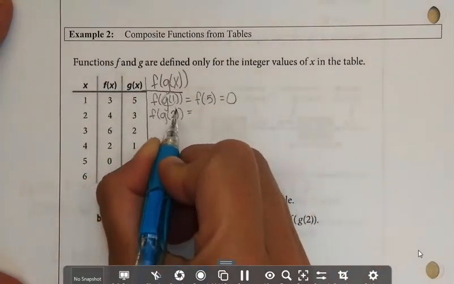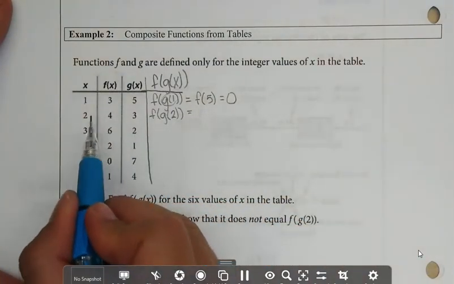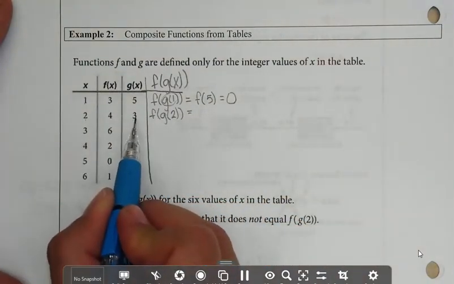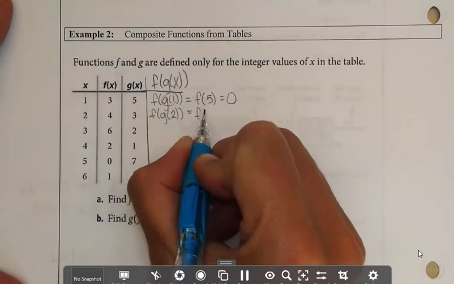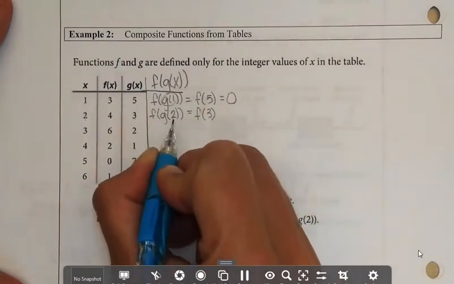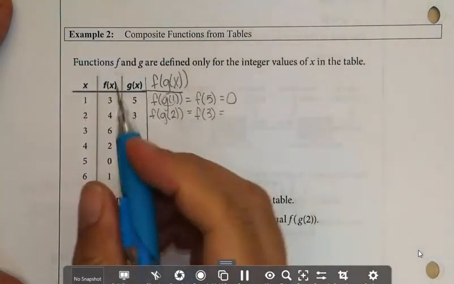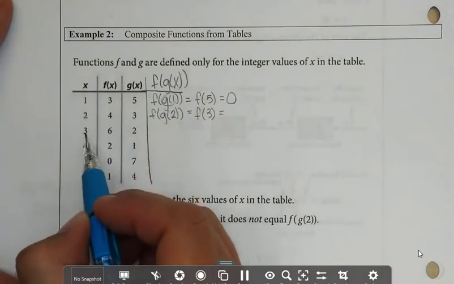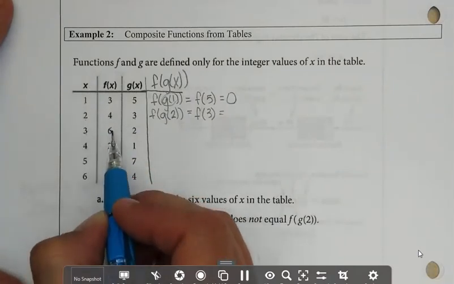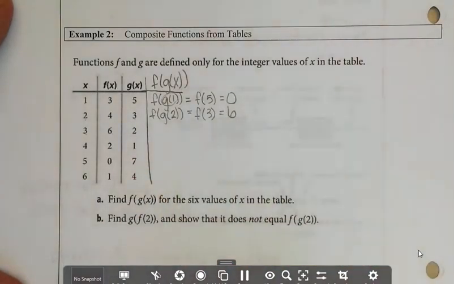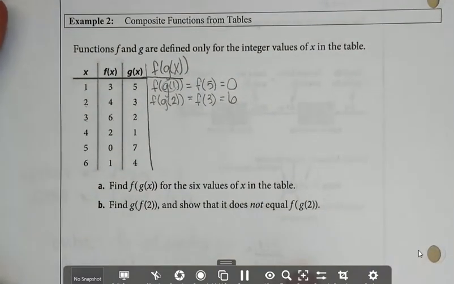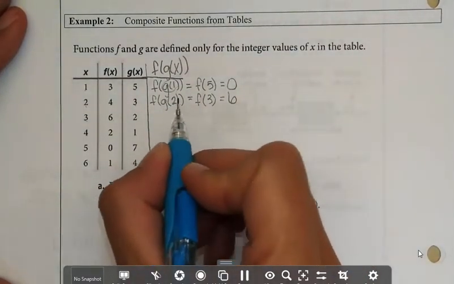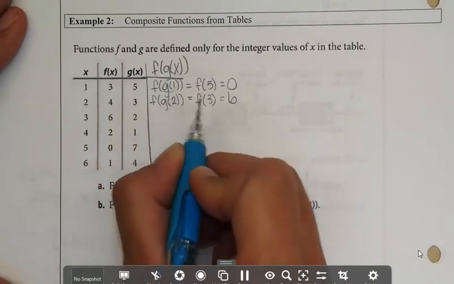Starting with the inside function, g of 2, if I plug 2 into g, I get 3 out. So really this is going to be f of 3. That inside piece turns into 3. So now I'm looking at my input being 3, plugging that into f, I get 6 out. Not too complicated, hopefully, especially if you write it out and think I'm always working inside out.